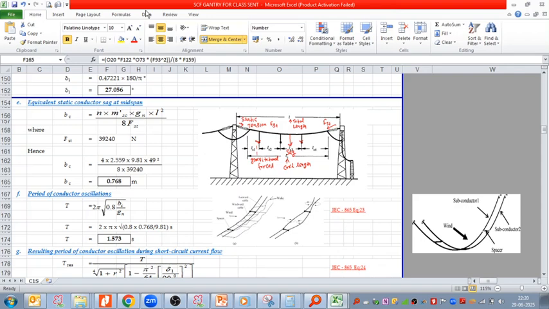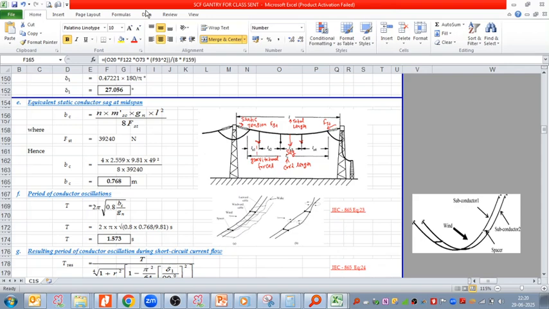Okay. Anything else, sir, if you want to add for better clarity? Sir, actually, just for information, what is the sag value for this sag tension calculation? Slightly below, the sag is 0.768 meter. You can see BC is the sag.